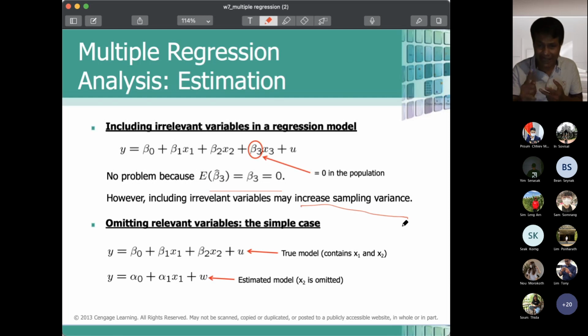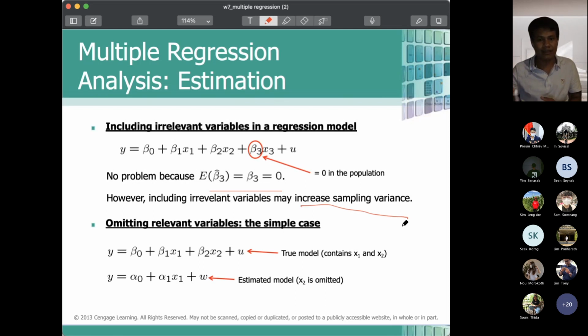But here, when you include an irrelevant regressor, you of course obtain an unbiased estimate, but you obtain a large or biased standard error of the estimate. It may not affect your estimate, but it affects the standard error or the variance of your estimate.